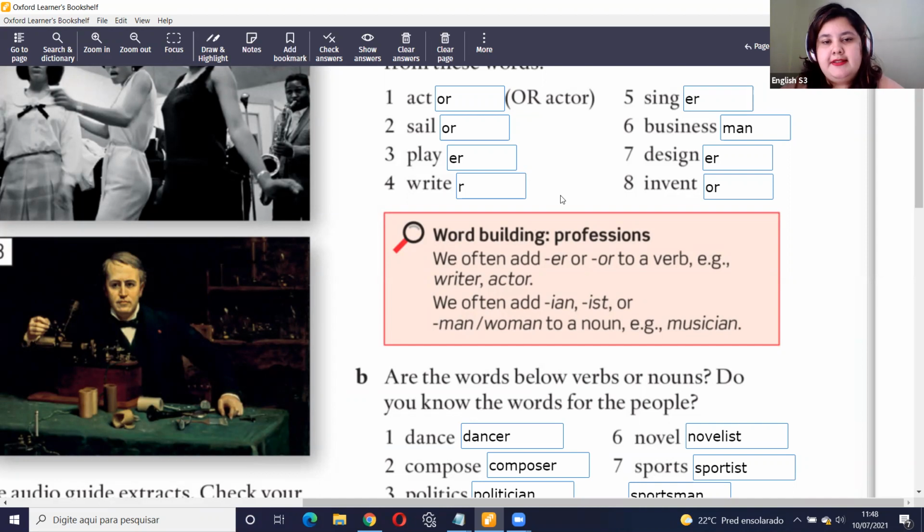But for instance, music is not a verb, it's a noun, so we say musician. And police is a noun, so we say policeman or policewoman. Okay, so that's the difference. If we have verbs, we add er or or, and if we have nouns, we use ian, musician, ist, for example, scientist, or man and woman.